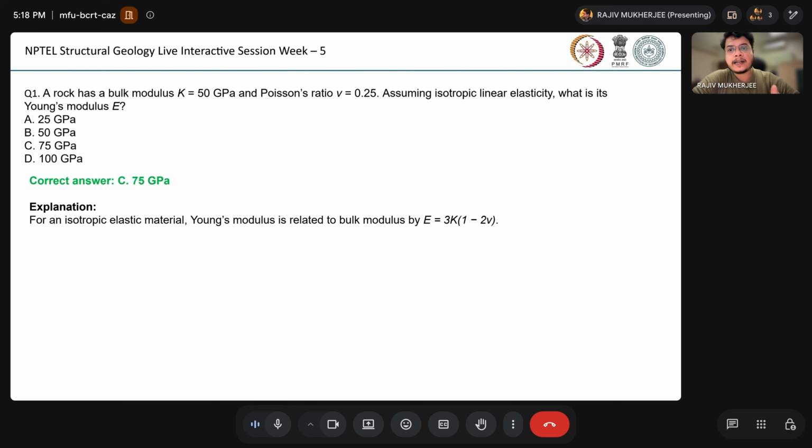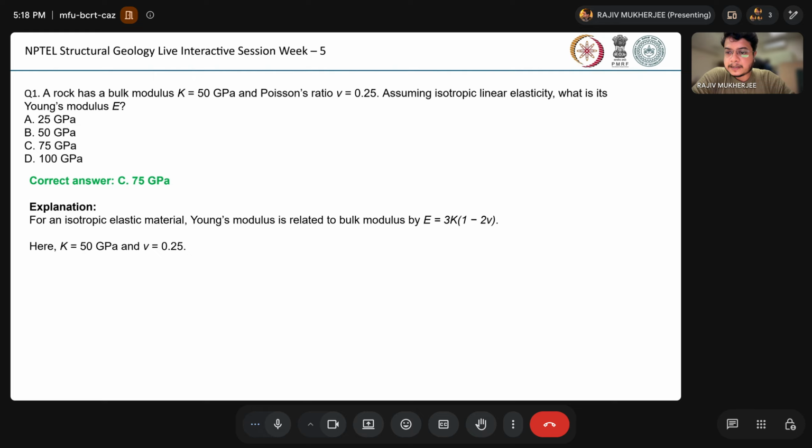So we have already been given these values, right? The bulk modulus is 50 gigapascal, and the Poisson's ratio is 0.25.